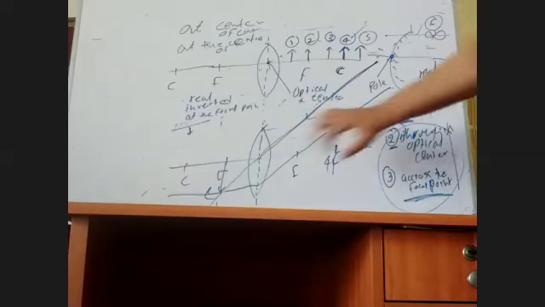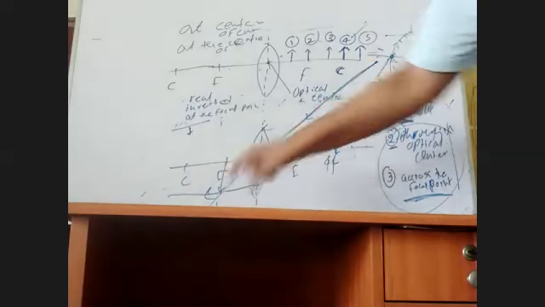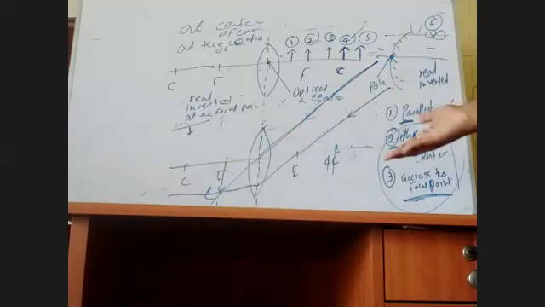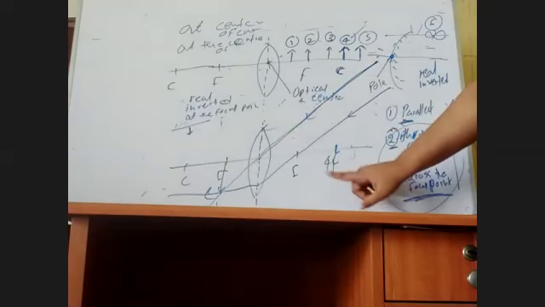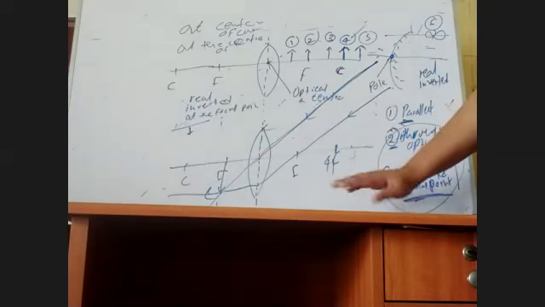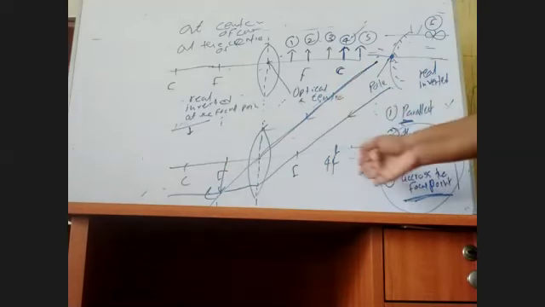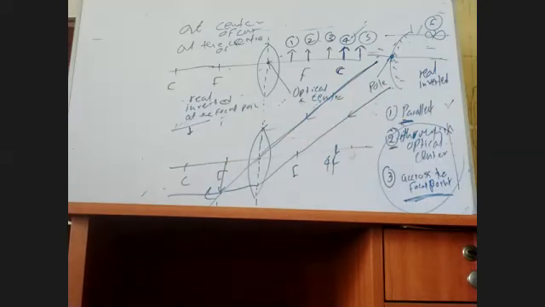The object is greater than your page size, the page of your book. That's why we couldn't draw a parallel line. So you can draw this diagram also as the ray diagram when the object is placed at infinity.